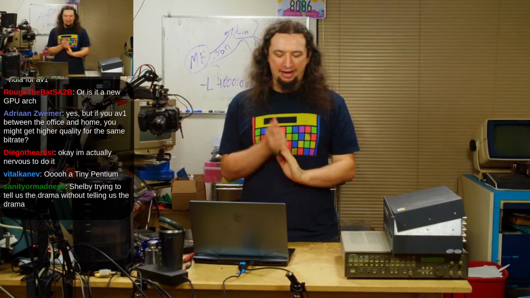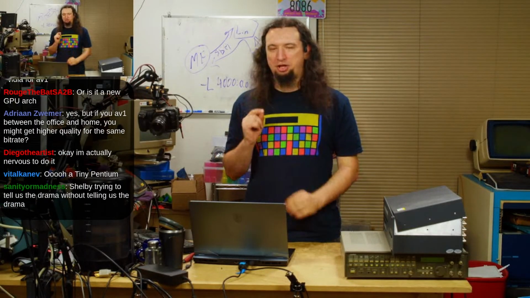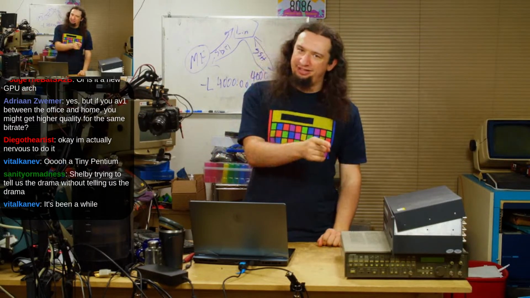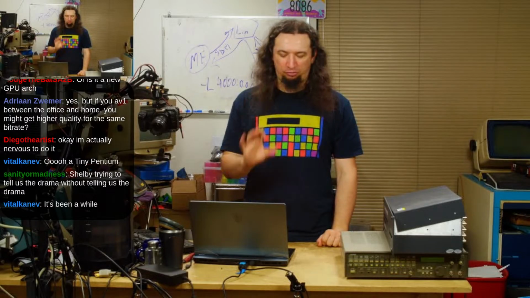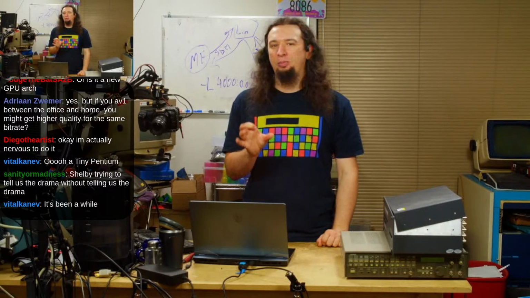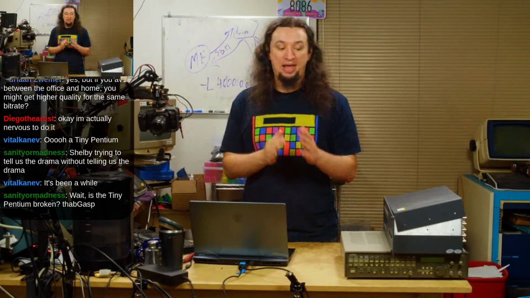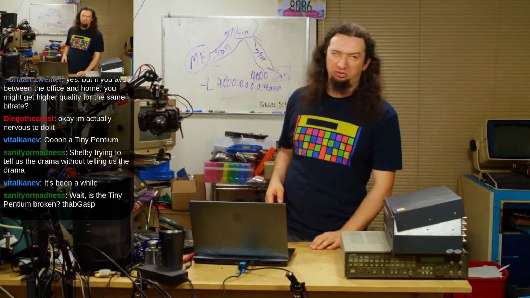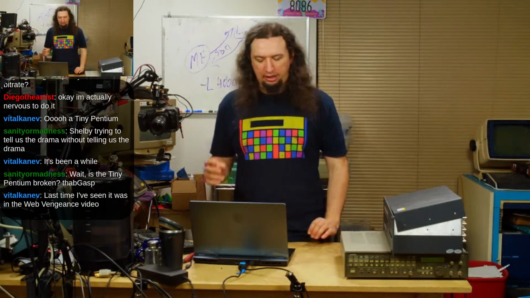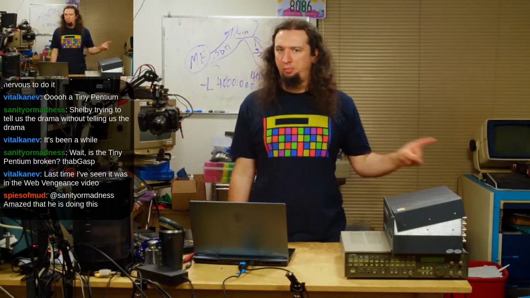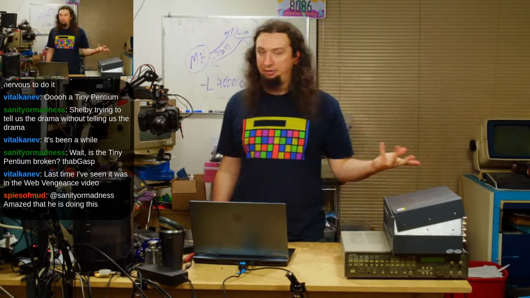And I was testing chucking the PCI version of the Voodoo 3 in the Tiny Pentium, and if 86Box is right, there are some games that are being held back by the Voodoo 2, and I didn't realize that. I thought it was CPU limited because it's only a Pentium 1 200 megahertz, or is it 233? I don't remember which. But yeah, apparently there are some games that would benefit from a more powerful graphics accelerator, and I didn't realize that.